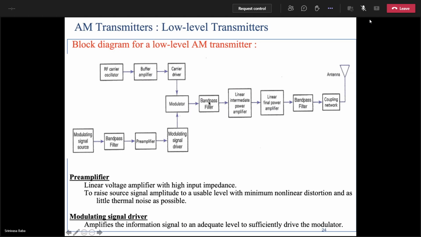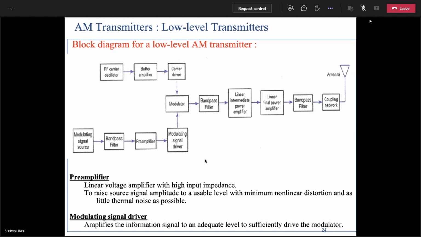Then after modulation, you have a band pass filter because you may be interested in only a particular band of frequencies. All your signals are present between FC minus FM to FC plus FM, where FC is the carrier frequency. Your upper sideband extends from FC to FC plus FM, and your lower sideband from FC to FC minus FM. So we use a band pass filter which transmits only this range of frequencies.